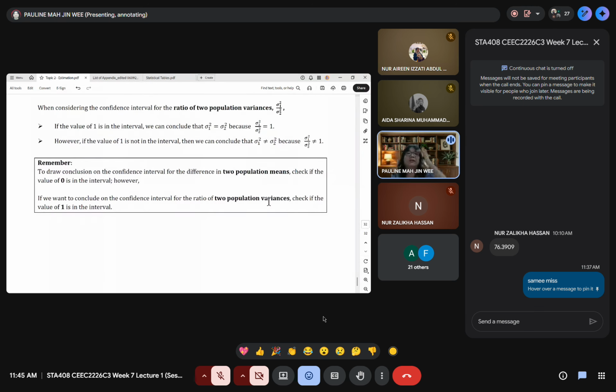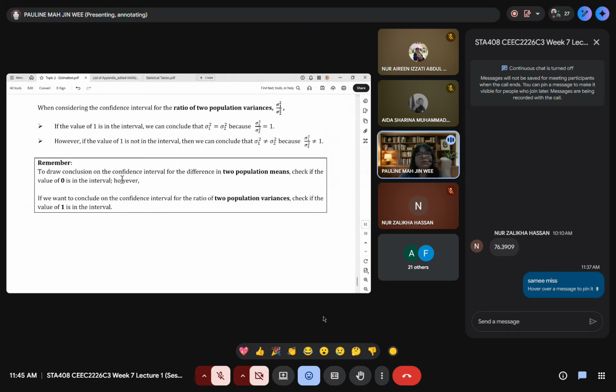When considering the confidence interval for the ratio of two variances, this is the last page of your notes here. If the value of 1 is in the interval, then you can conclude that the two variances are equal. But if 1 is not in the interval, then we can conclude that they are unequal variances.